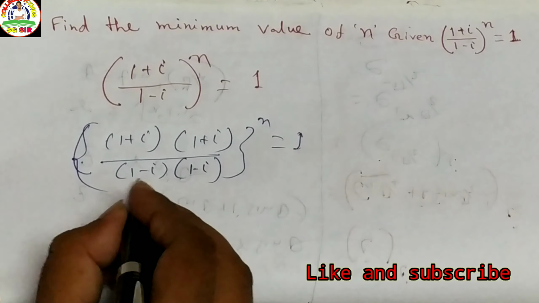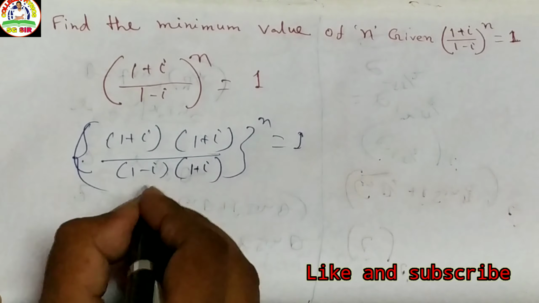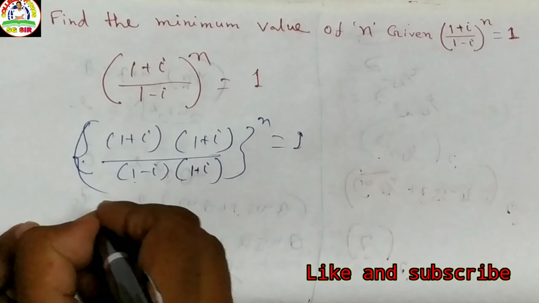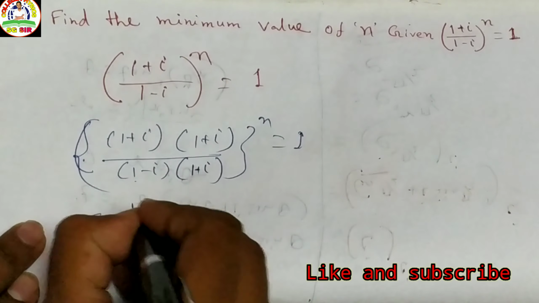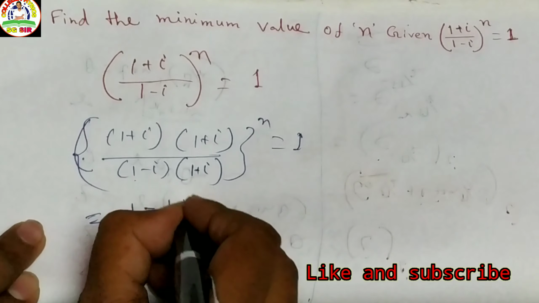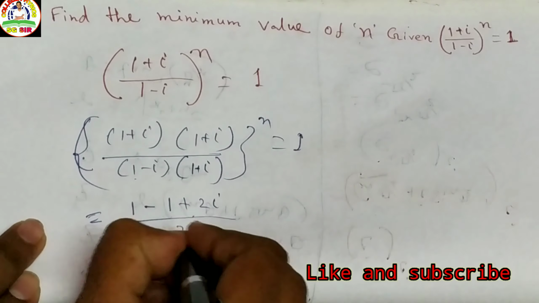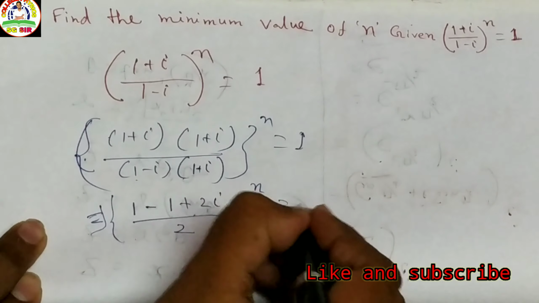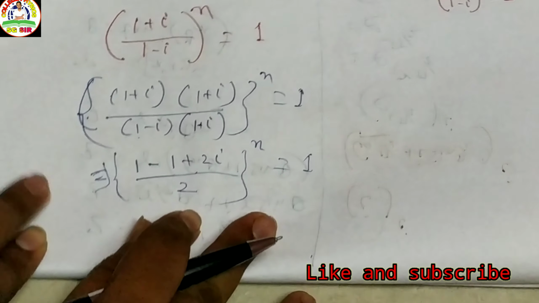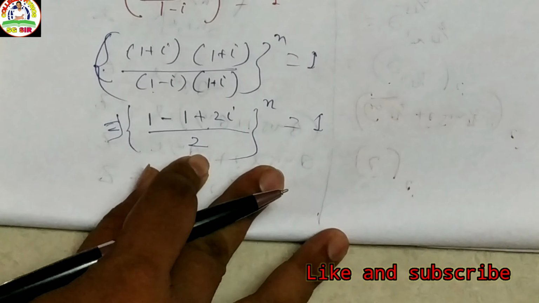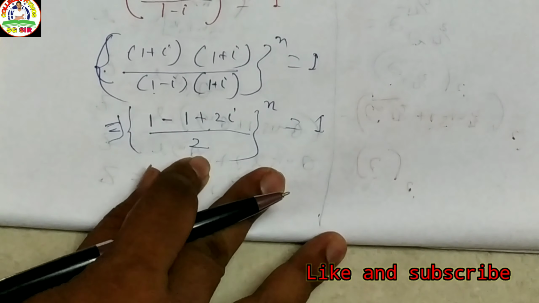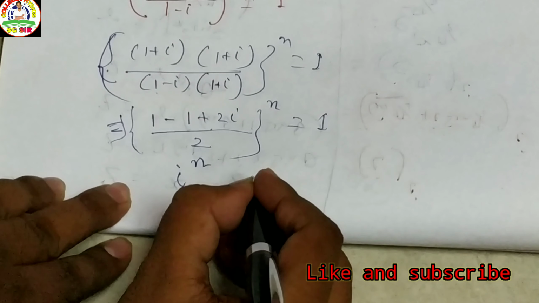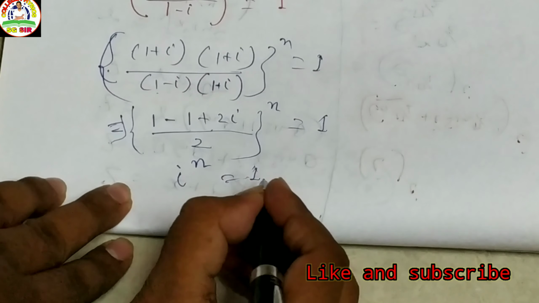So (1 minus i) into (1 plus i), that means a square plus b square, which is equal to 2, and if we multiply the numerator we get 1 minus 1 plus 2i divided by 2, whole to the power n equal to 1. So 2i by 2, that means i to the power n equal to 1.